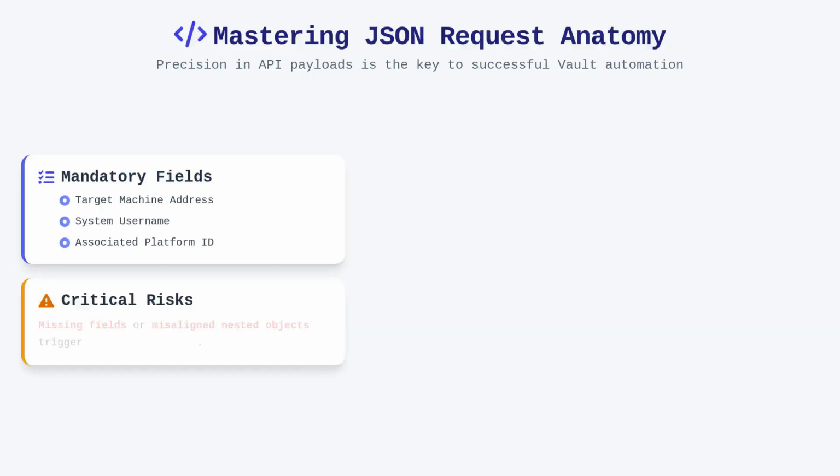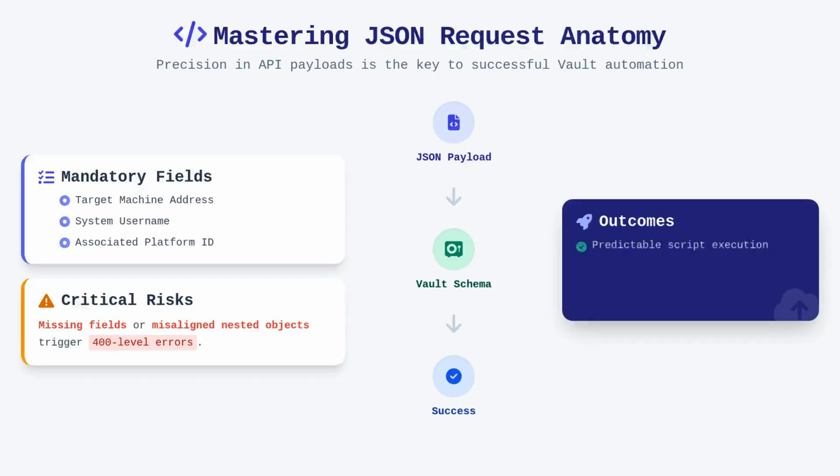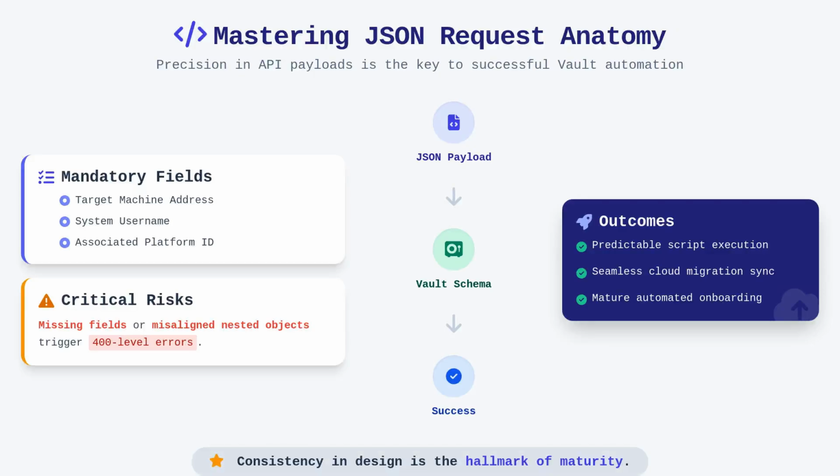If you fail to include a mandatory field or misalign a nested object within your structure, the API will return a 400-level error, forcing you into diagnostic steps. By mastering these structures, you ensure that your scripts function predictably, whether you are onboarding a single batch of credentials or synchronizing thousands of accounts during a cloud migration. Consistency in your JSON payload design is the hallmark of a mature automated onboarding process.